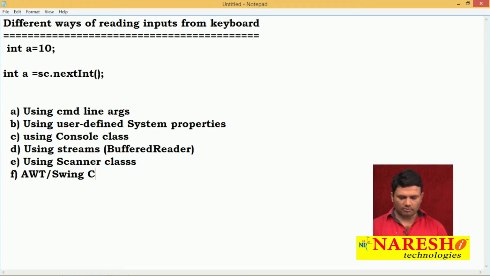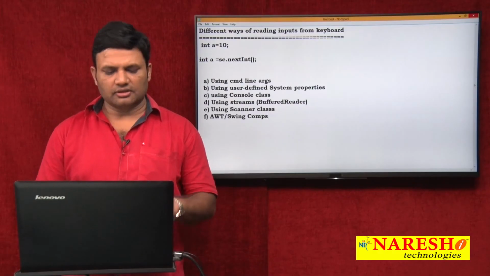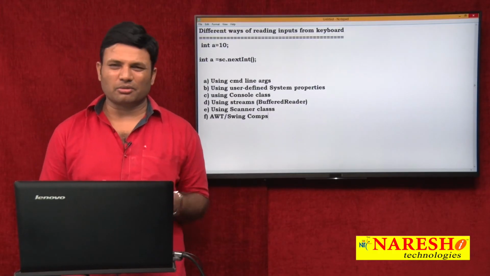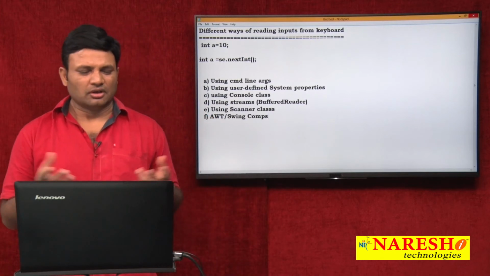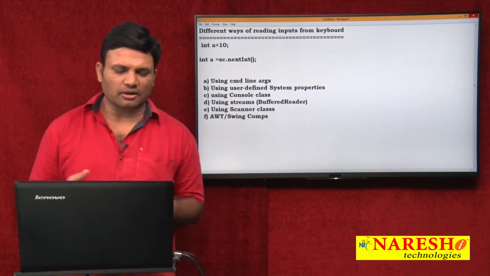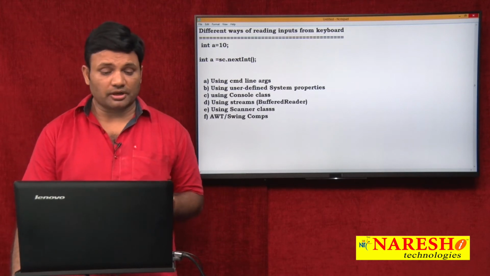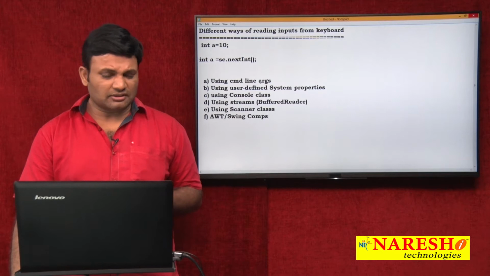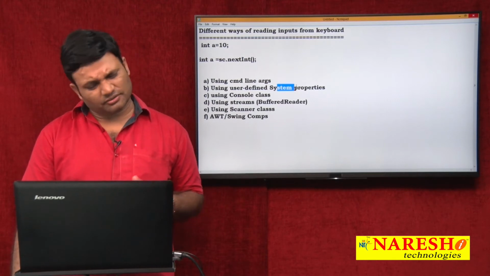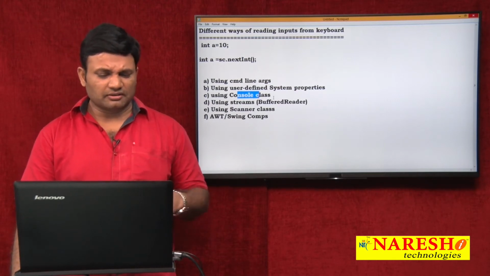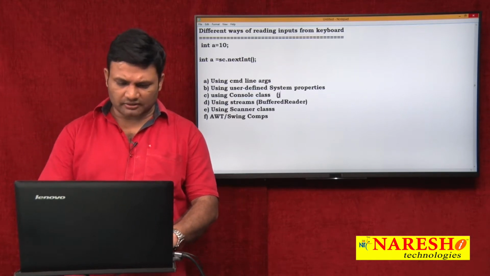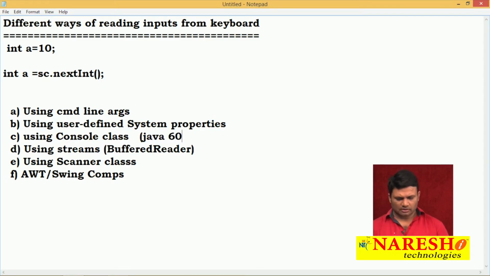With the support of Swing, text boxes, password boxes, we have different components. Using them also, we can read the inputs from the end user. This support is there from the beginning of Java. But Console is introduced from Java 6. Streams are also there from the beginning of Java.